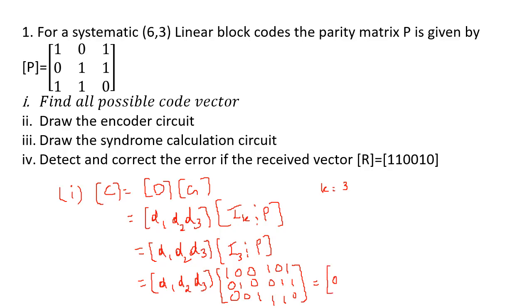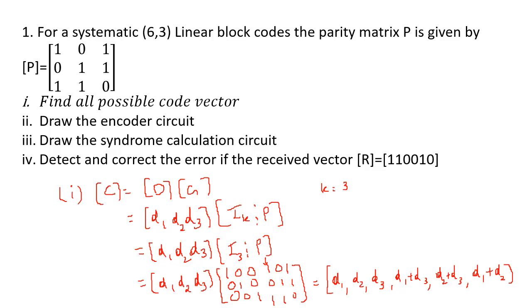The first 3 bits will be D1, D2, D3. Then D1, D2, D3 multiplied with the fourth column gives D1 plus D3. The next element will be D2 plus D3, and the last bit will be D1 plus D2. So we'll now write all possible code vectors.